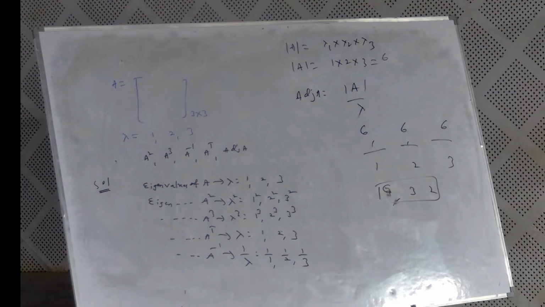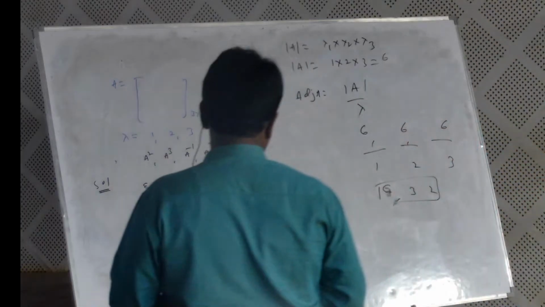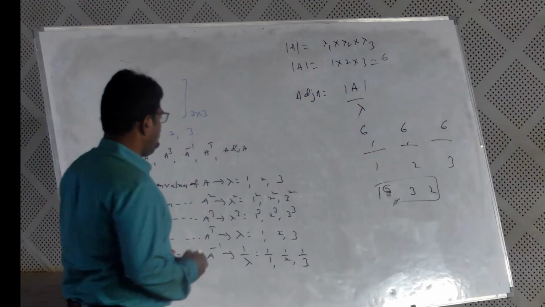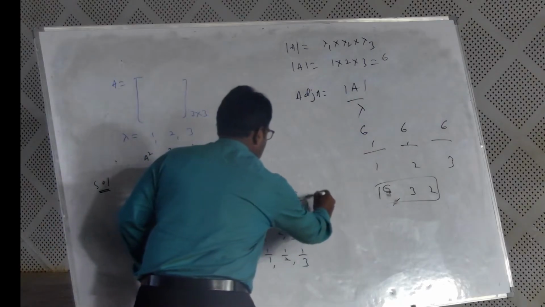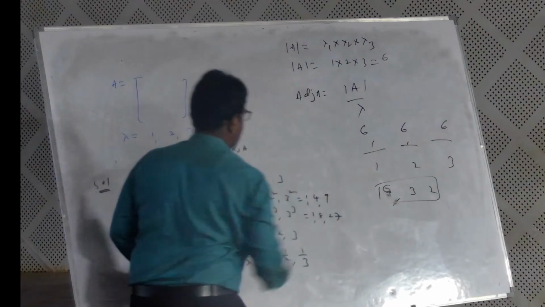Next, I hope you have completed, right? If you want, you may write 1, 4, 9, 1, 8, 27. That is optional.